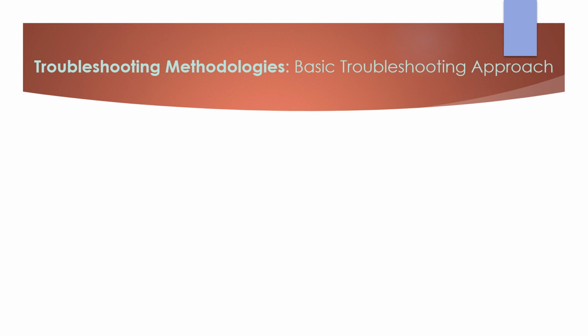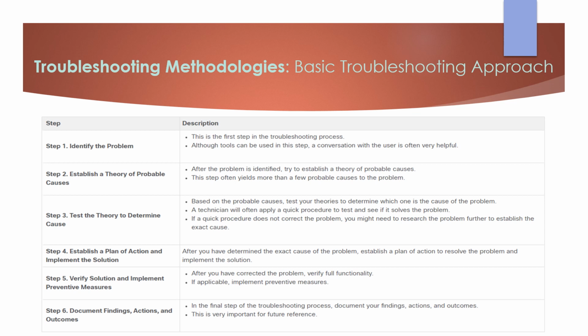A common and effective troubleshooting methodology is based on the scientific method. Here in this table, there are shown six main steps in the troubleshooting process and the description of each of those steps. The first step is that you have to identify the problem. You have to establish a theory of probable causes.